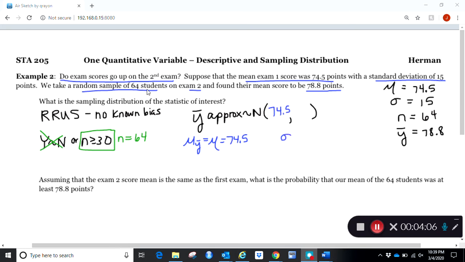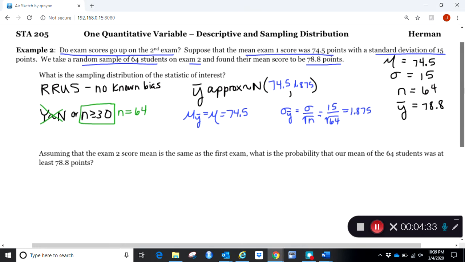The standard deviation of y bar is the standard deviation over the square root of n, which will be 15 over the square root of 64, which should give us 1.875. So there is our sampling distribution.